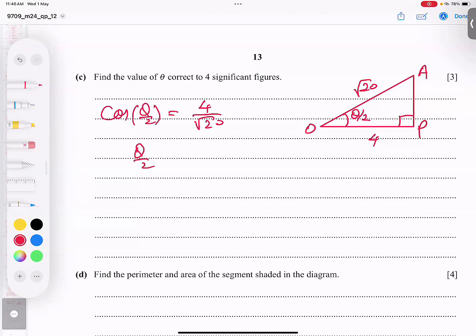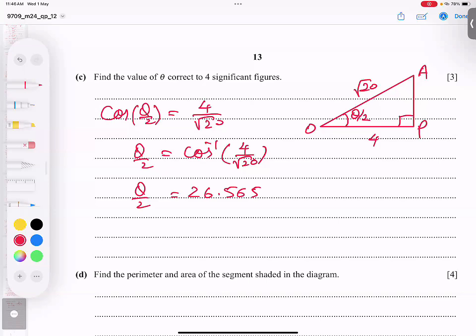So theta by 2 is equal to cos inverse 4 over root 20. And if I type in the calculator cos inverse 4 divided by root 20, because he's asking theta, theta by 2 is equal to 26.565.